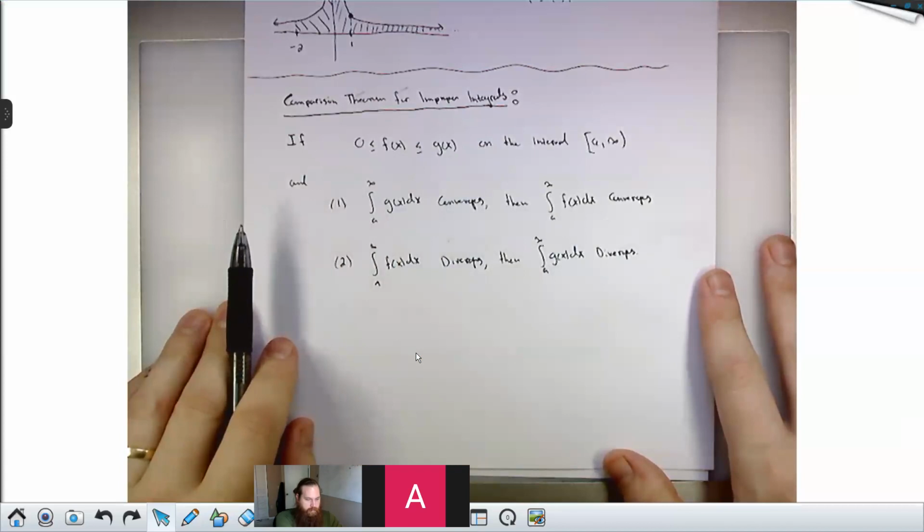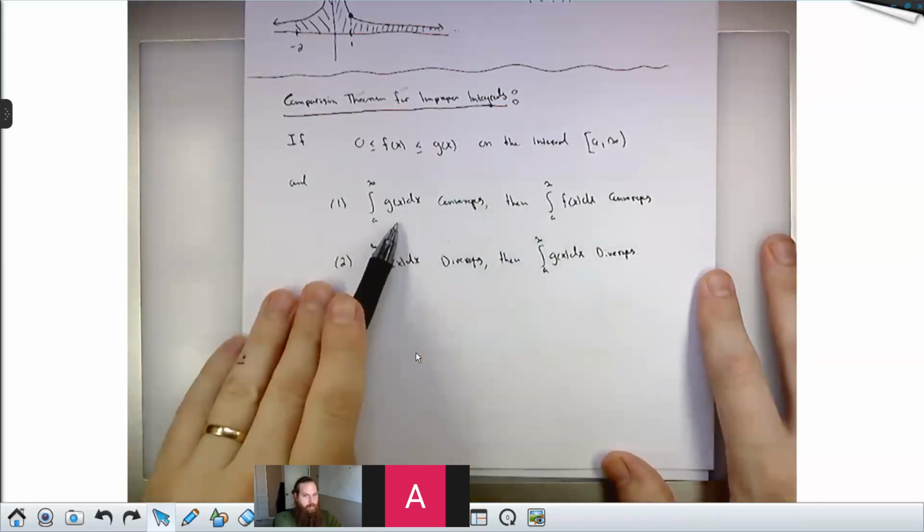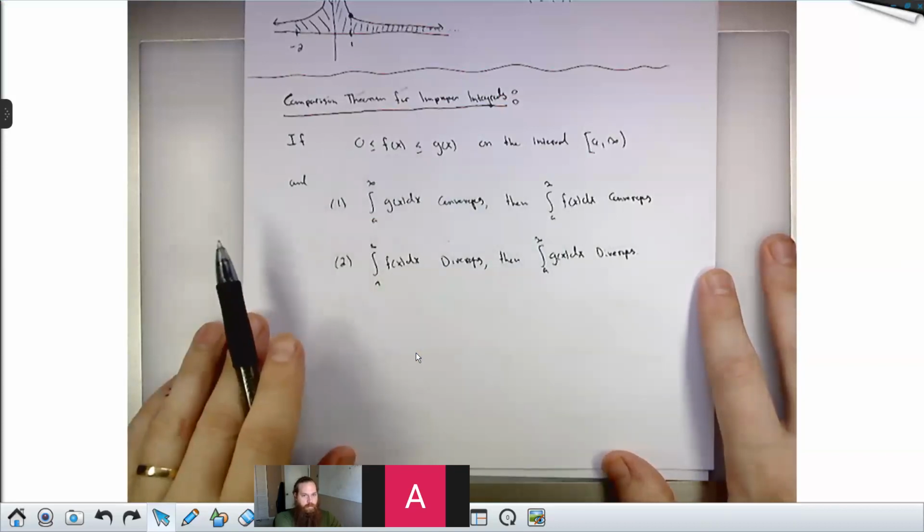Or another way to say this is, if you fit in a finite box, you must be finite in size, right? The area being measured by f of x fits inside the area being measured by the integral of g of x because f is smaller than g.